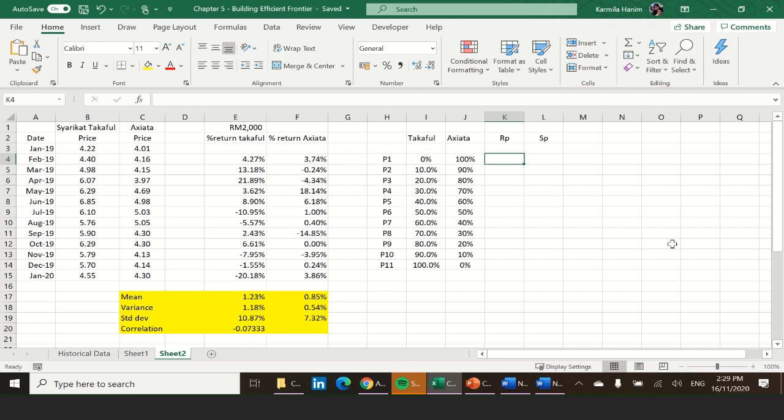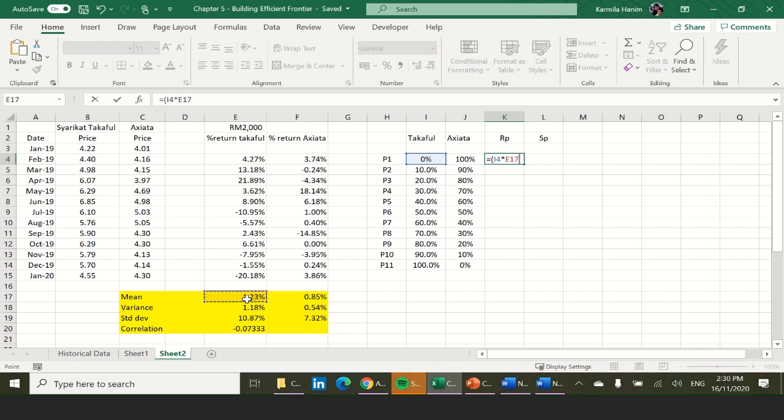Okay, let us start with the first portfolio. Your weight times with the mean for Takaful. Plus with the weight for Axiata times with the mean return for Axiata.